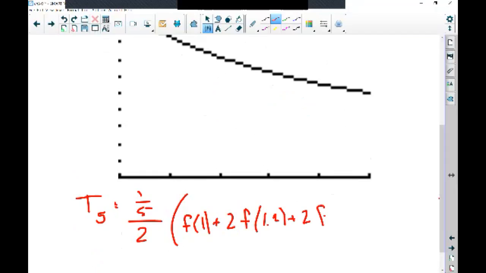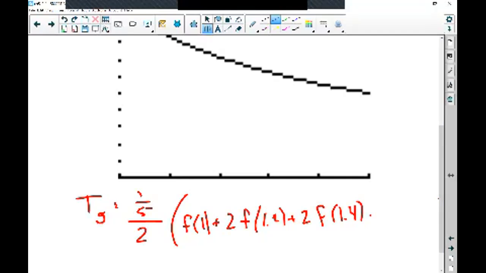Plus 2 times f at 1.4 plus 2 times f at 1.6 plus 2 times f at 1.8, and then just f of 2.